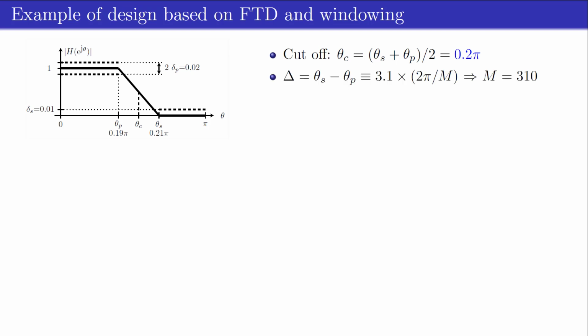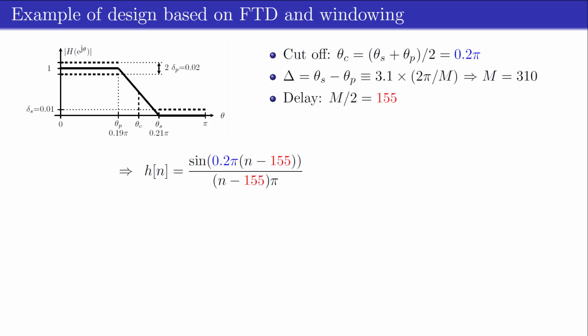Because the specification calls for a transition width delta of 0.02 pi, it follows from the characteristics of a Hanning window that the required filter order should be 310 samples long, and thus the impulse response has to be delayed by 155 samples to make it causal, which is reflected in the equation of the impulse response weights.